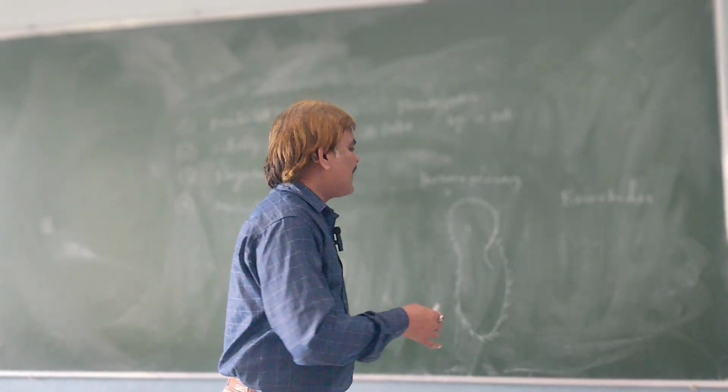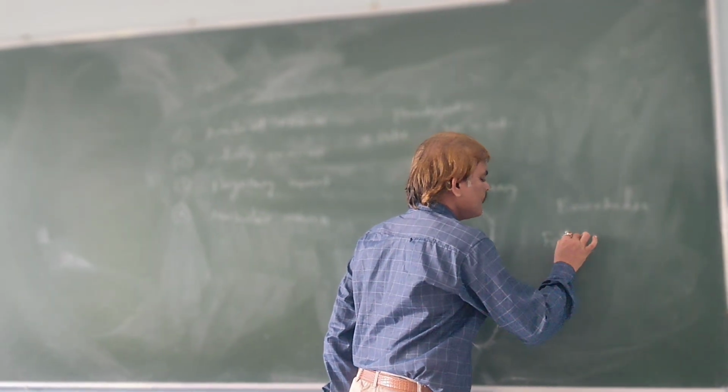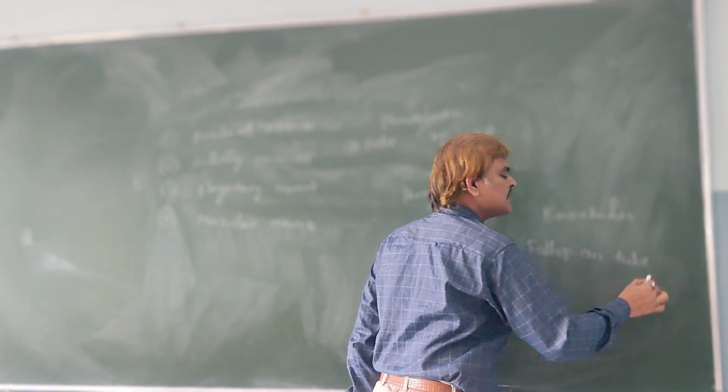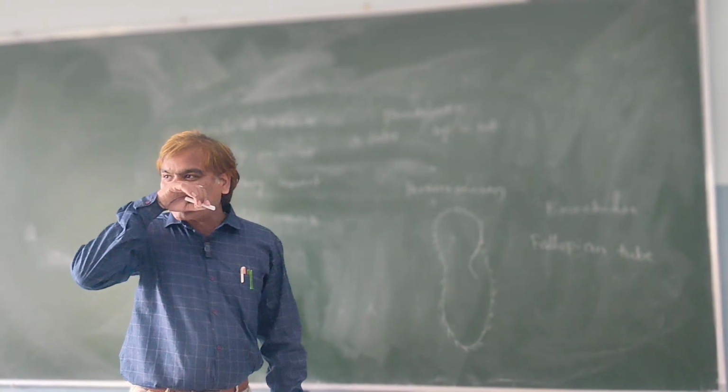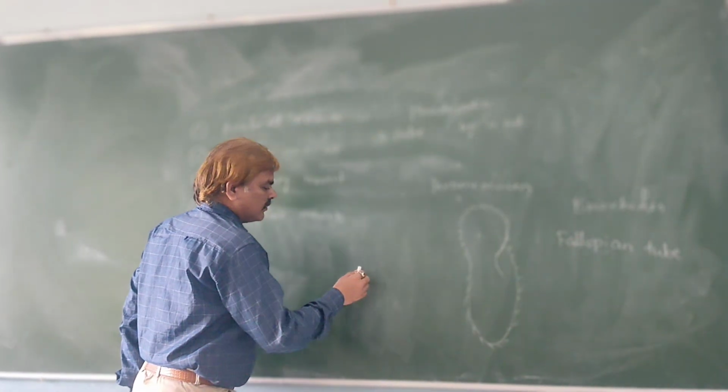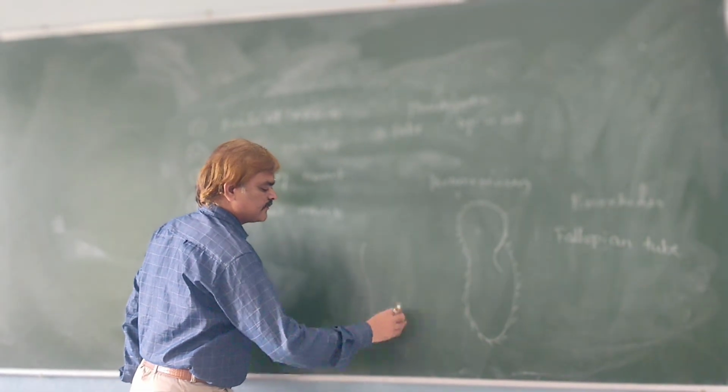Cilia are present as well in the fallopian tube. The fallopian tube is part of the female reproductive system. Here, this is called the uterus.